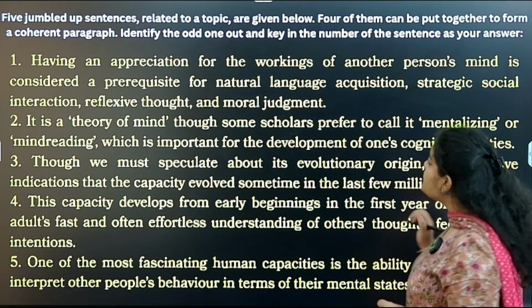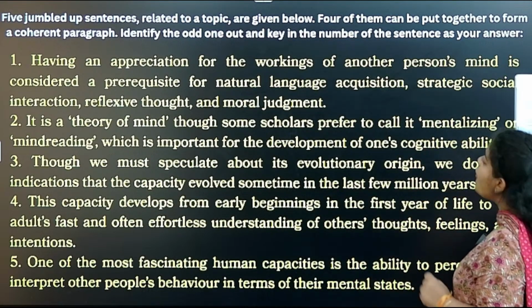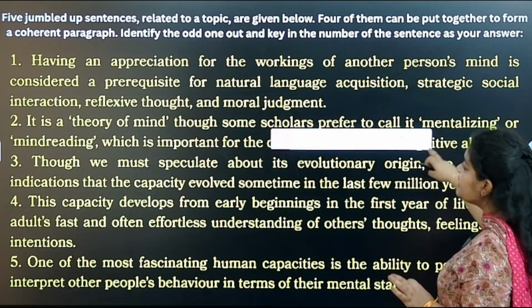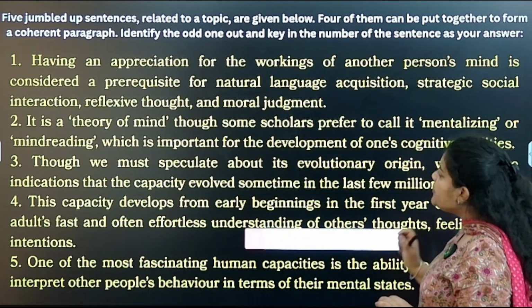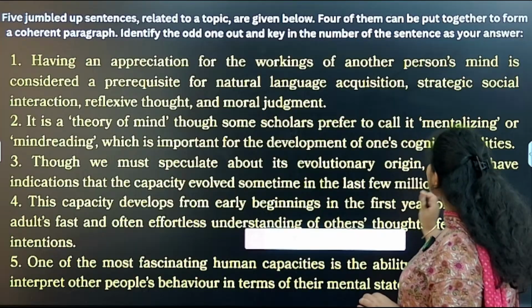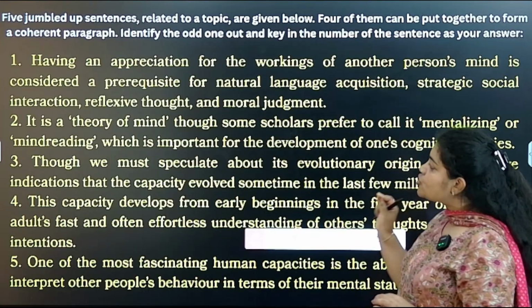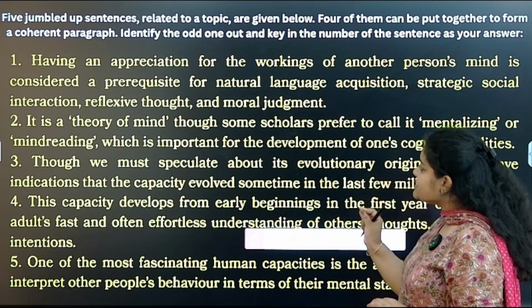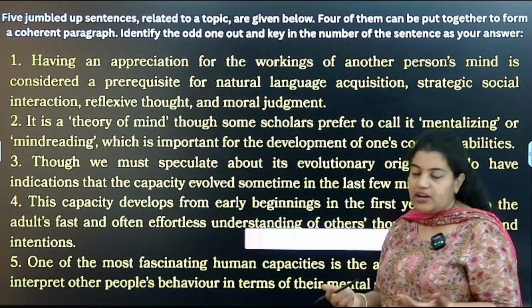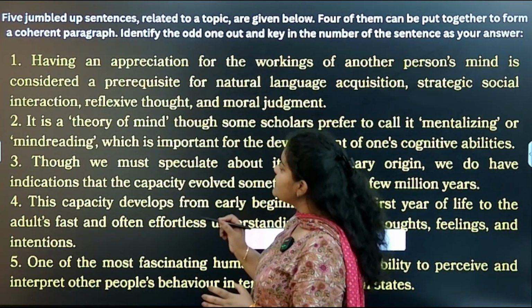Having an appreciation for the workings of another person's mind is considered a prerequisite for natural language acquisition, strategic social interaction, reflexive thought, and moral judgment. The first sentence is talking about appreciating the working of another person's mind.